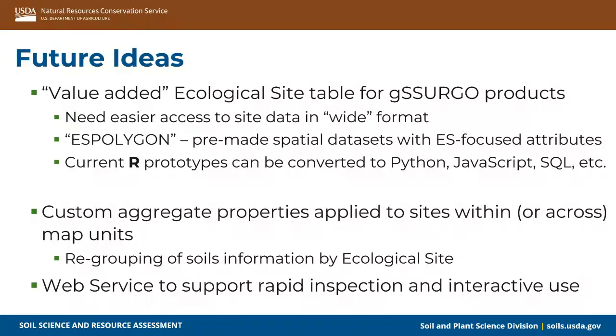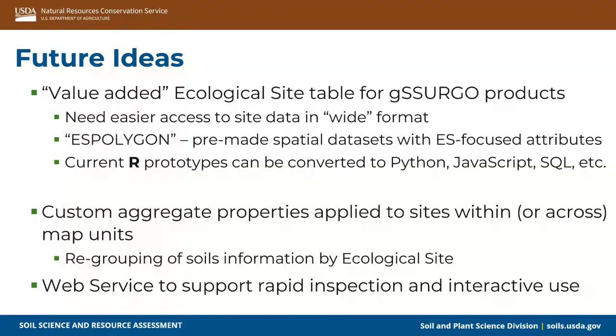And then finally, I've experimented a bit with an ArcGIS Online web service for delivering this information. And that was, I think, a really great way to make this information available to people. The tabular data or even the spatial data could be delivered through a method like that. And maybe ArcGIS Online would not be the best way, but there are other ways that we could do it.